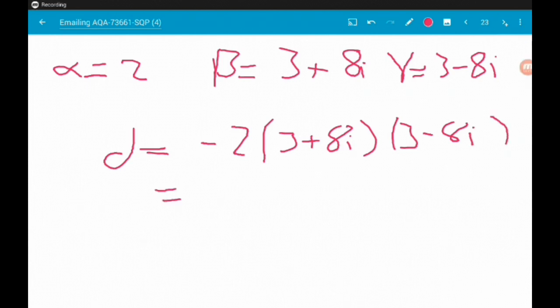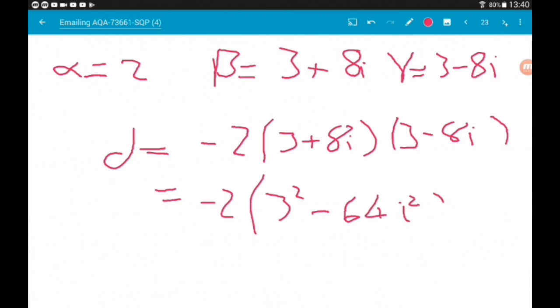This will give us minus 2 lots of 3 squared minus 64i squared.